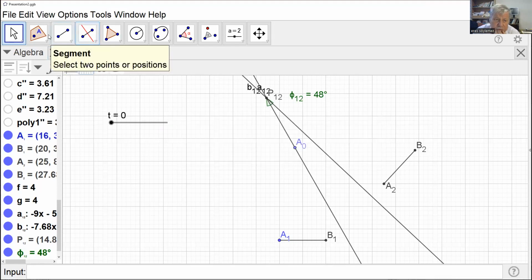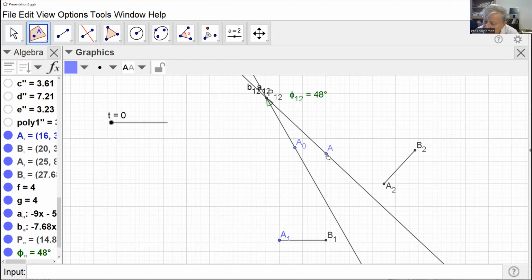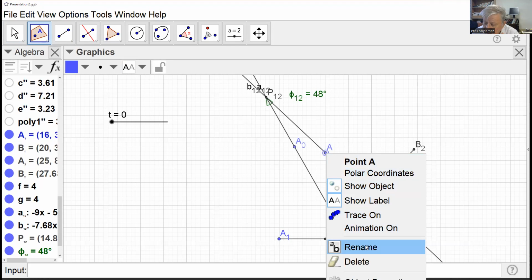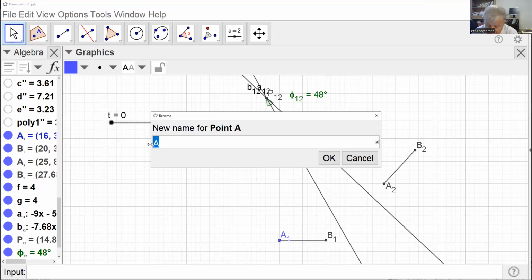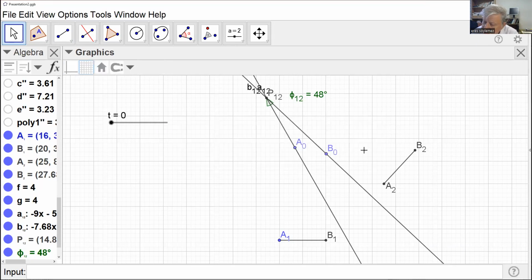And then I will pick up another point on B12, and rename this point as B0. Any questions on this?